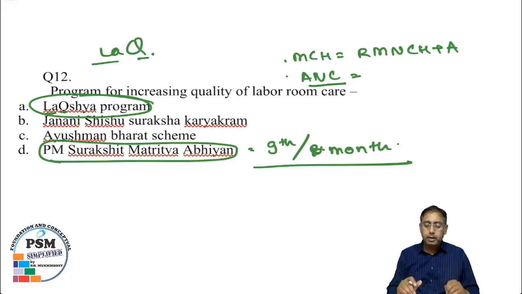Ayushman Bharat scheme, I think we have had a couple of videos on that also. If you have not watched, you can go to the video section and watch the recently launched program videos. You'll find a lot of questions on Ayushman Bharat.